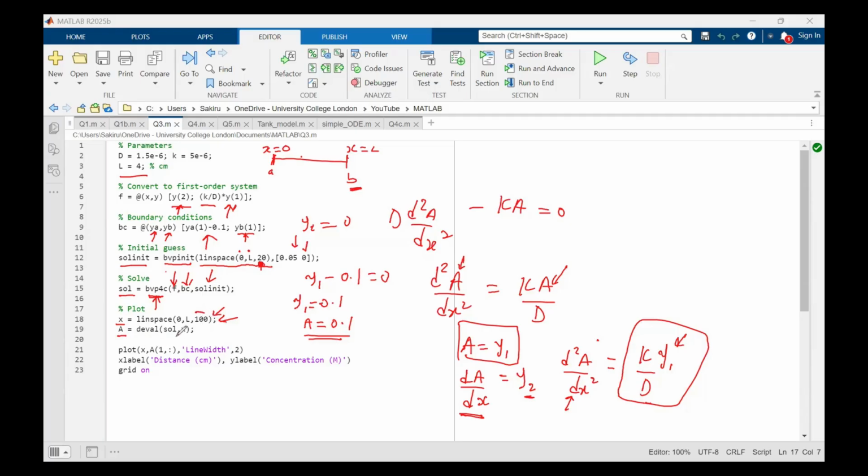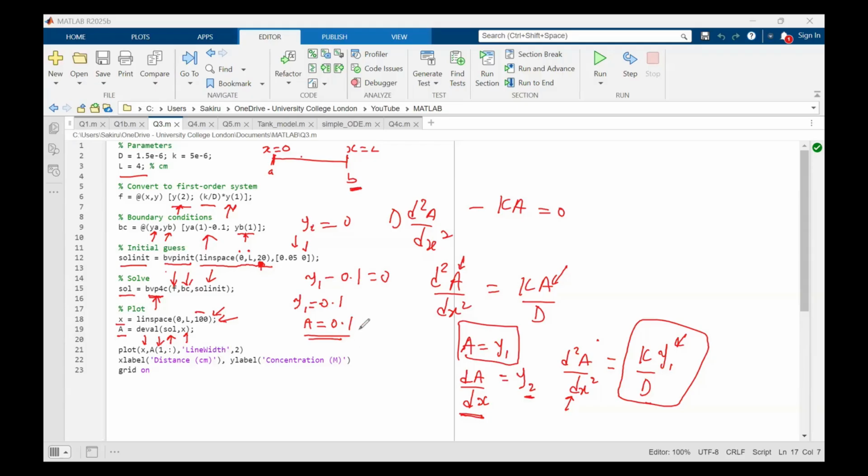And A is basically extracting the solution at those grid points, and then you plot them. So you plot x and A. You grab, for A, the first row and all columns, and then you plot it.